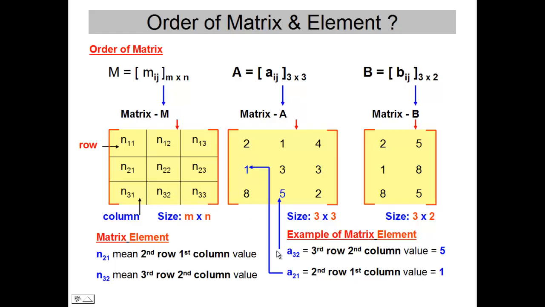An example of a matrix element is A32 equal to the third row and second column value, which is equal to 5. The blue arrow is showing the position of 1, which is A21, equal to the second row first column value, equal to 1.